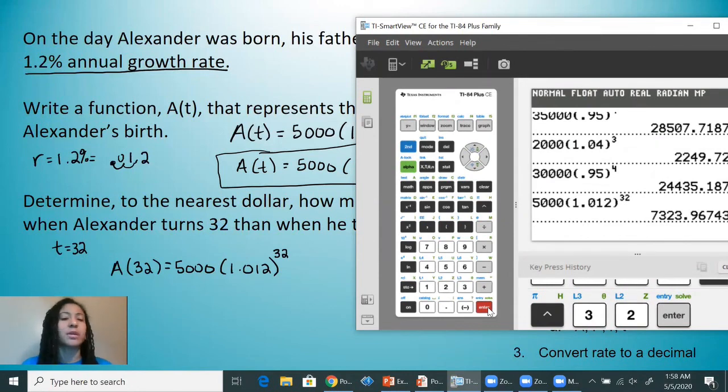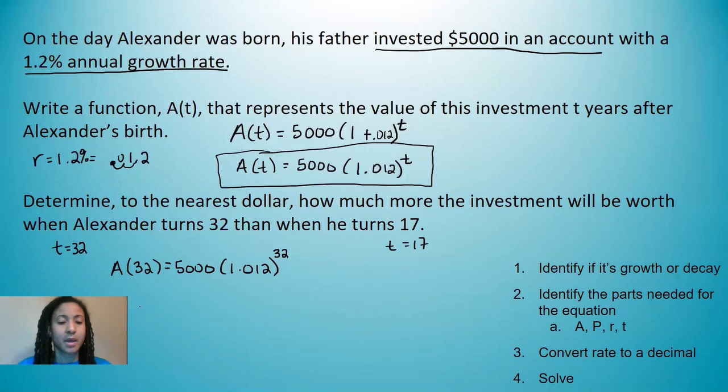Now, let's just look at the calculator. If I wanted to determine it to the nearest dollar, what will be the nearest dollar? 7324. Okay, so we're going to write A of 32 is equal to 7324. Now let's do the next one.